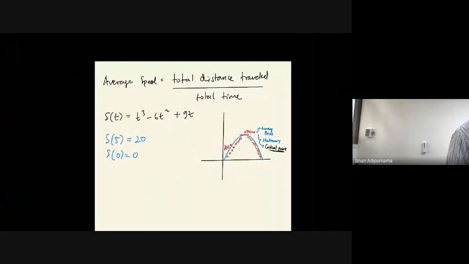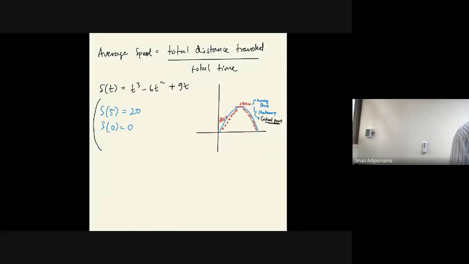So from here, let's check our ds over dt, which is the gradient of the distance equation. It becomes 3t squared minus 12t plus 9, right? We need to look for this point in case the person is going forward and backwards.